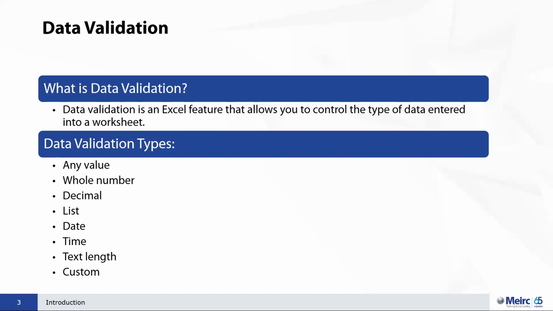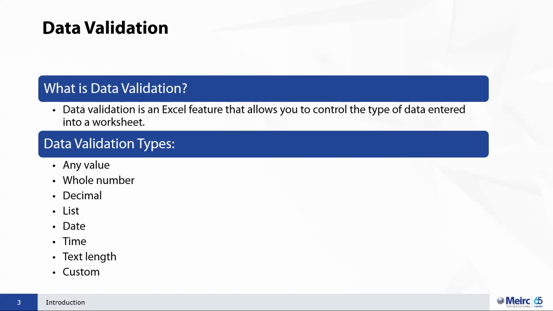Now, we can use data validation to restrict a whole number, meaning a number that has no decimals, or a number with a decimal. It could be a list. This is a very popular feature of data validation, having a drop-down list. We will see together how this can be utilized.